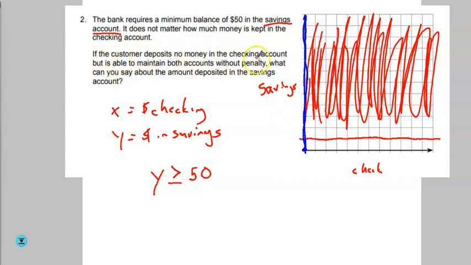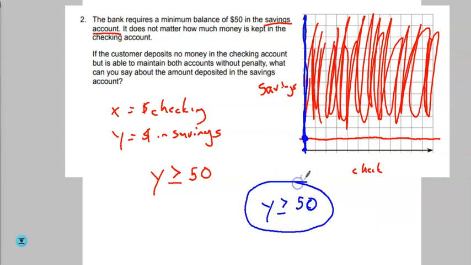But is able to maintain both accounts without penalty, what can you say? So again, if that's the intersection at 50, it's actually the same answer, that the y has to go up above that. So y has to be greater than or equal to $50. You don't have to put any into checking.